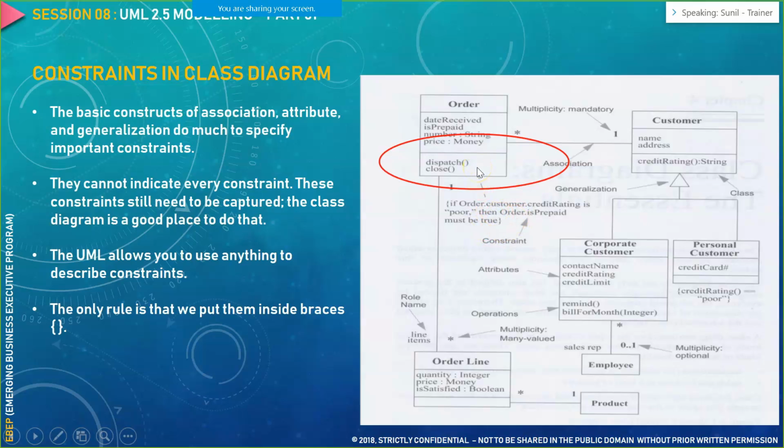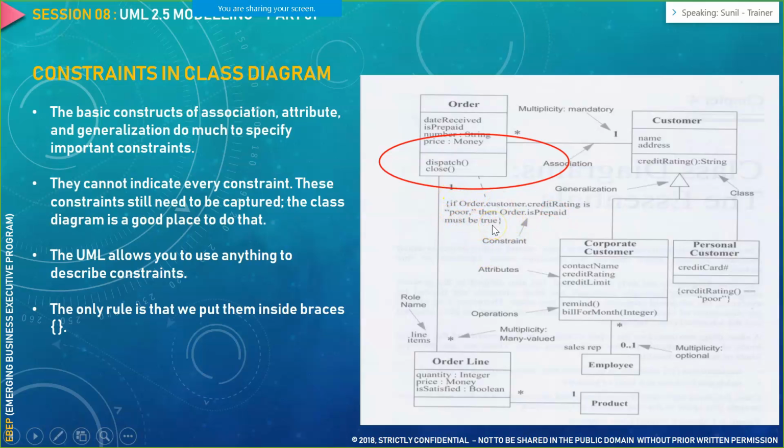Now for example, if a customer wants to place a particular order, he has been given two options, prepaid and postpaid. Prepaid is like you have to pay for the order first, and postpaid is like you can have a line of credit, and at a very specific date you can repay that particular amount. Now with the help of a constraint, we specify the condition over here in the class diagram.